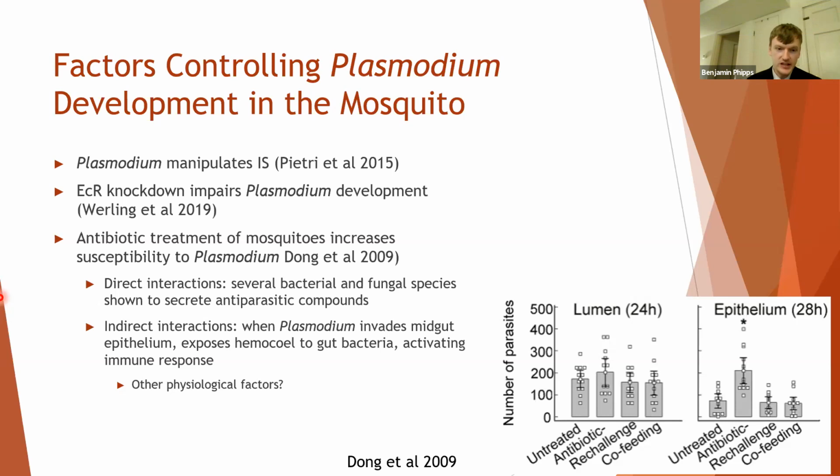So these microbes are known to secrete compounds that are toxic to the parasite, but to what extent indirect interactions affect Plasmodium survival, by impacting the physiology of the mosquito in a way that makes it more or less able to support the parasite, that's not so well understood.